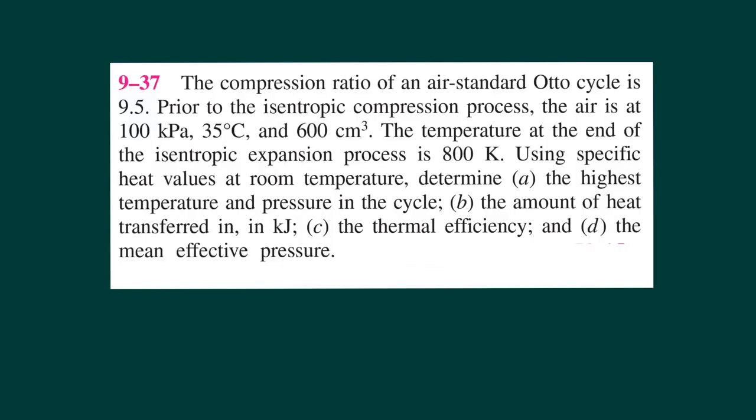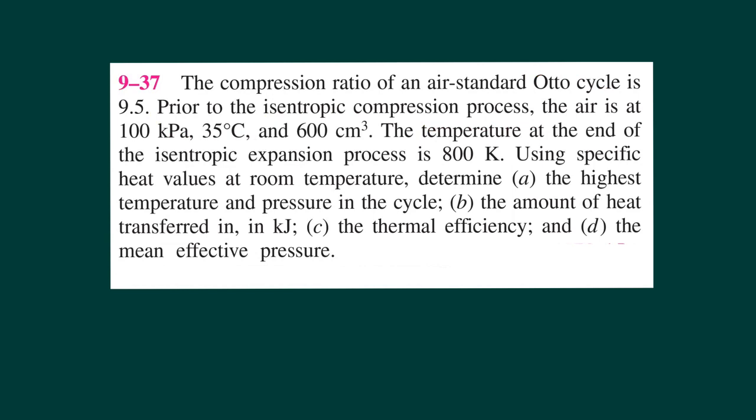I'm going to show you an example on how to solve for the Otto cycle problem. So let's have a look at this question here. We have a compression ratio of an air standard Otto cycle of 9.5. Prior to the isentropic compression process, the air is at 100 kilopascal, 35 degrees C and 600 centimeter cube.